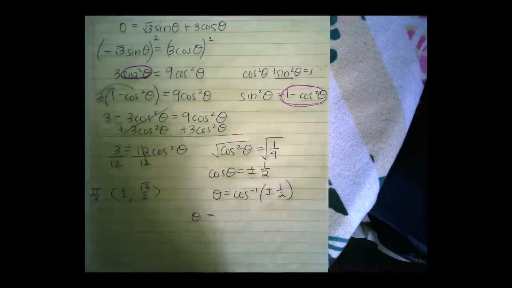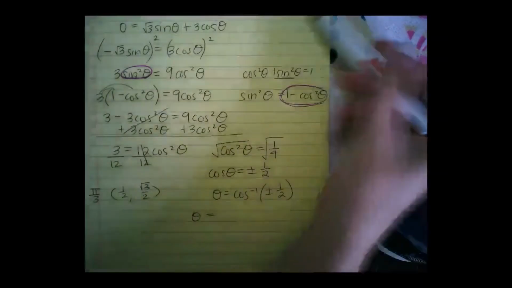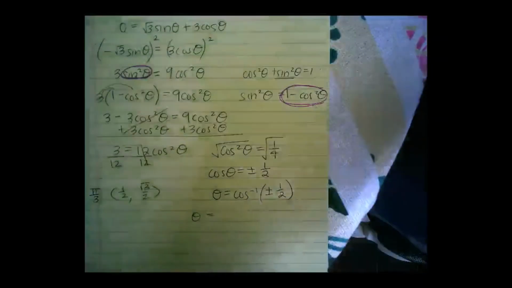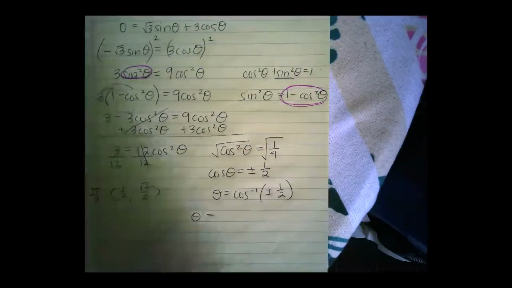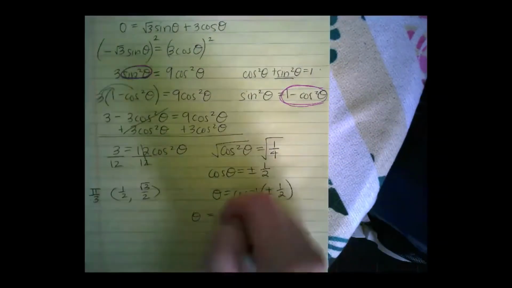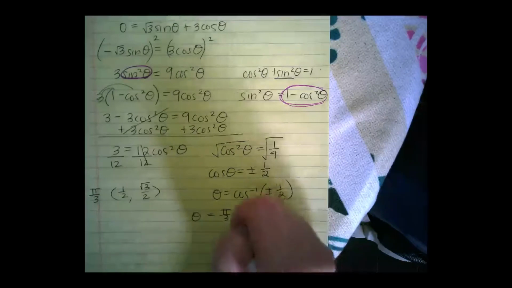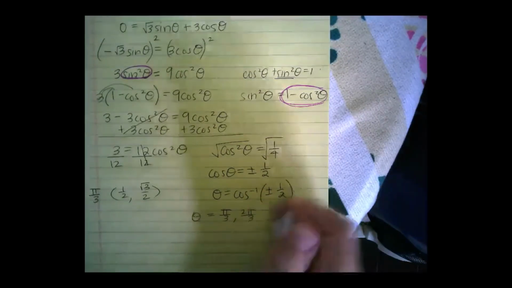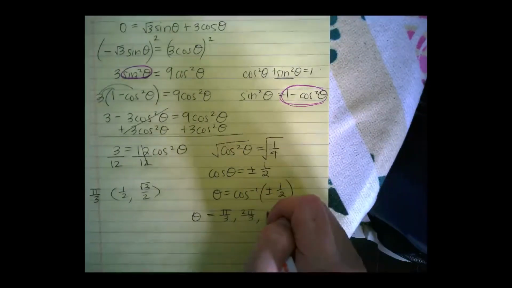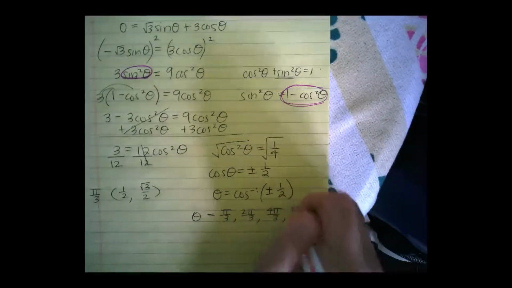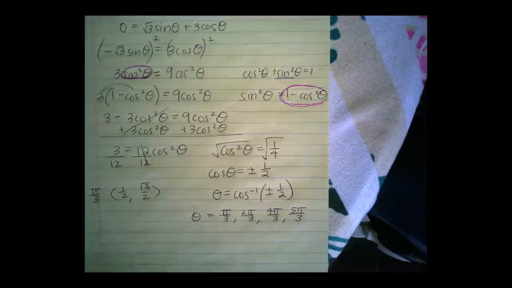And because I'm allowed to be positive and negative, and I'm on an open interval from 0 to 2 pi, I'm going to pull every pi over 3 reference angle from all 4 quadrants. Pi over 3. 2 pi over 3. 5 pi over 3. Well, I skipped 4 pi over 3, but we'll do 4 pi over 3 and 5 pi over 3. I think you'll see why in a second.